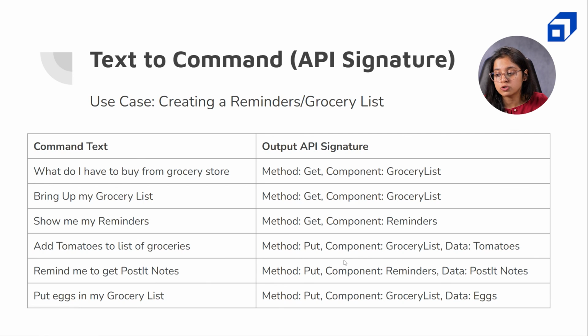So add goes to method put, the component becomes grocery list, and the data becomes tomatoes. Later on, let's say the user says put onions in my grocery list or remind me to get some onions, it will automatically put the method as put, the component as reminders, and data as onions. Or remind me to get some post-it notes. It's automatically detecting that data is post-it notes, the component is reminders, and the method is put.